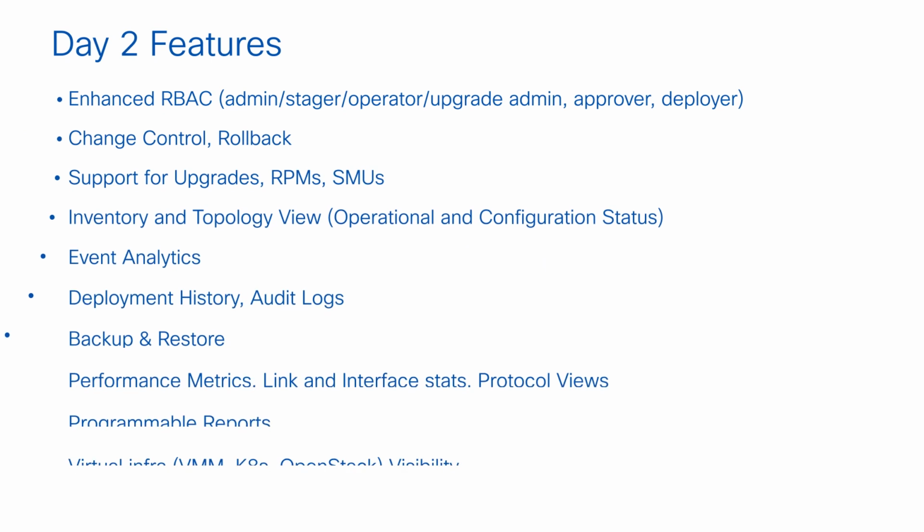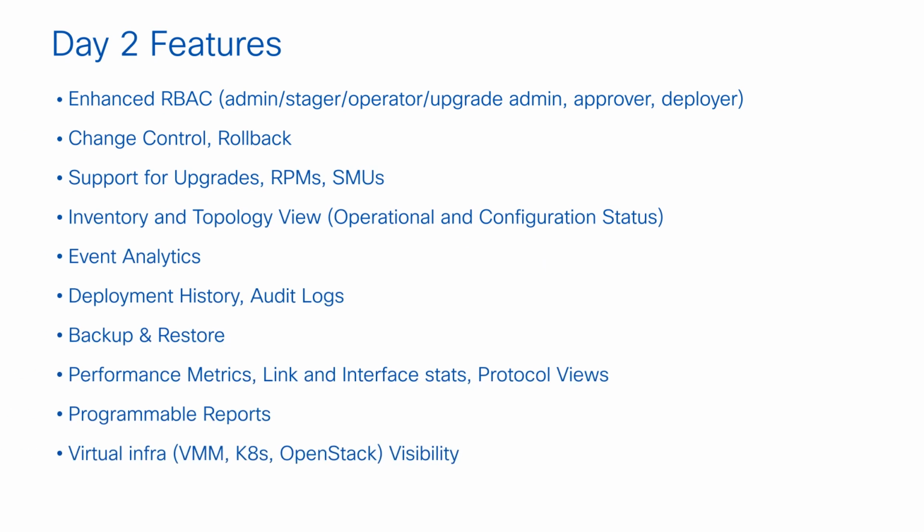But now when we're looking at day 2 features, there is a lot that comes into picture when we're looking at the visibility and maintenance and operational aspects as well. So this is a little summary on the day 2 features where we have support for enhanced RBAC. So there are a lot of roles that are defined at a Nexus Dashboard level.